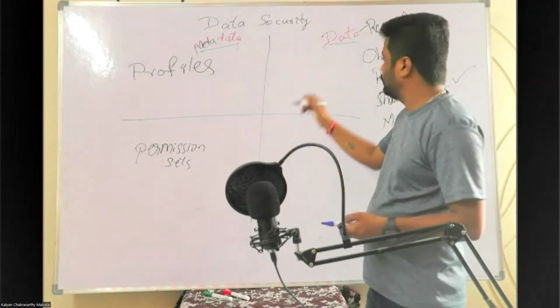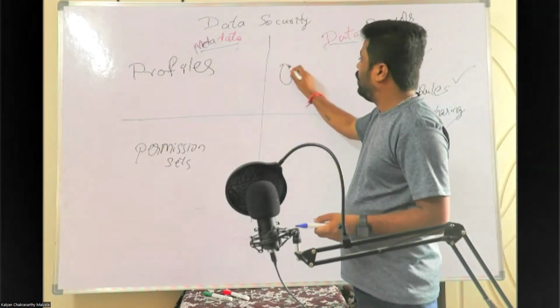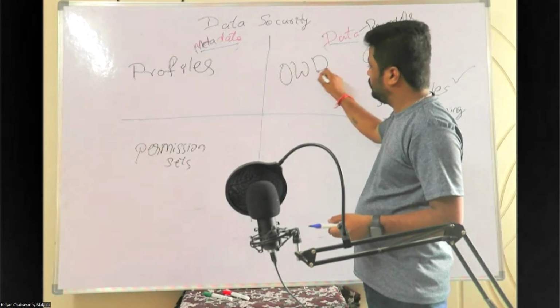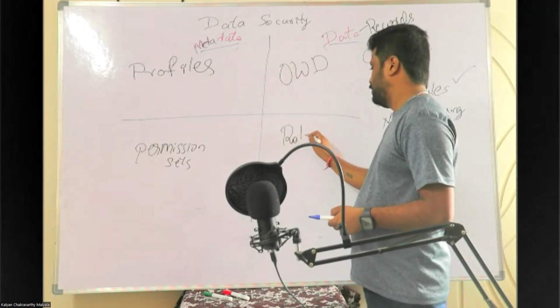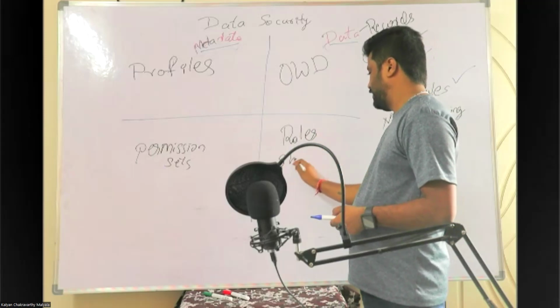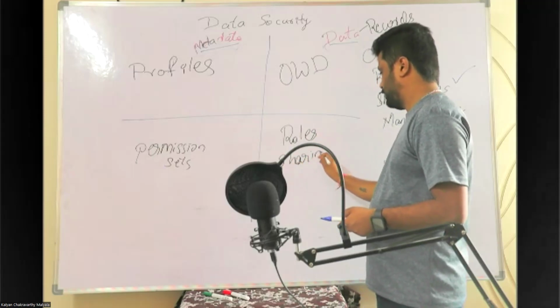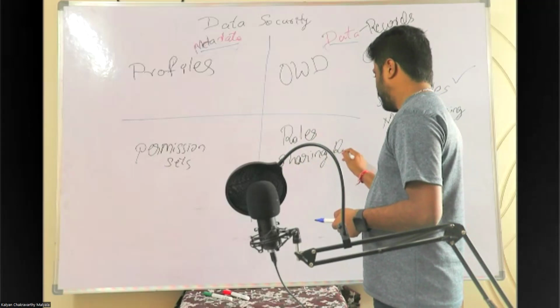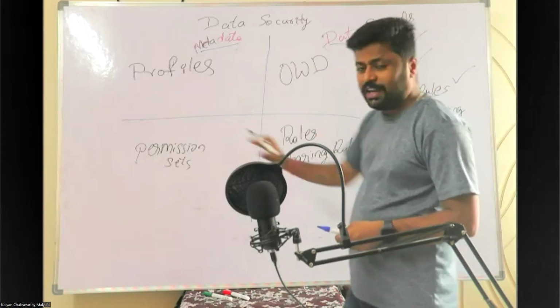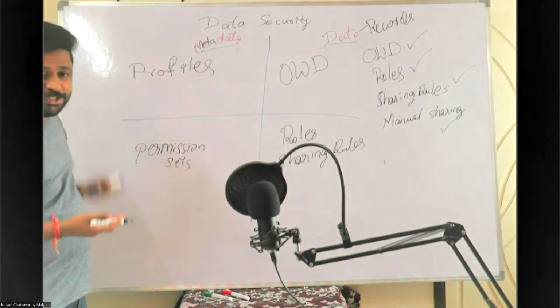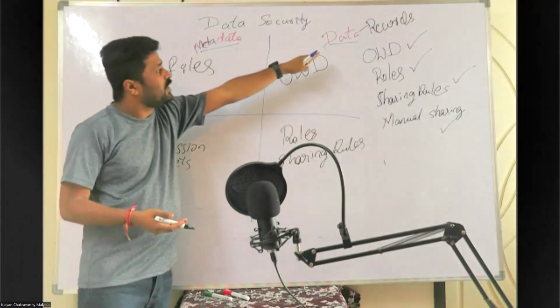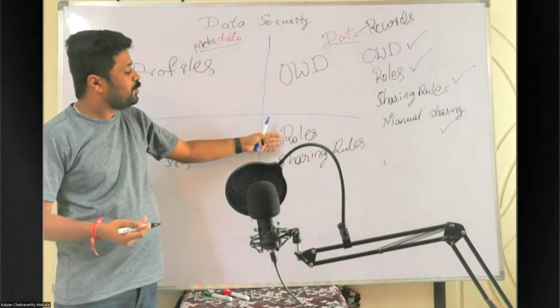Then we use organization wide defaults. After that, roles and sharing rules will come into account. So why these four things? We say for metadata we use profiles and permission sets, and for the data we use organization wide defaults, roles, sharing rules.